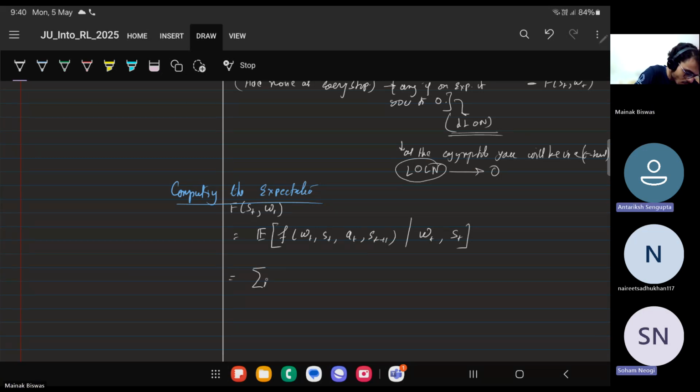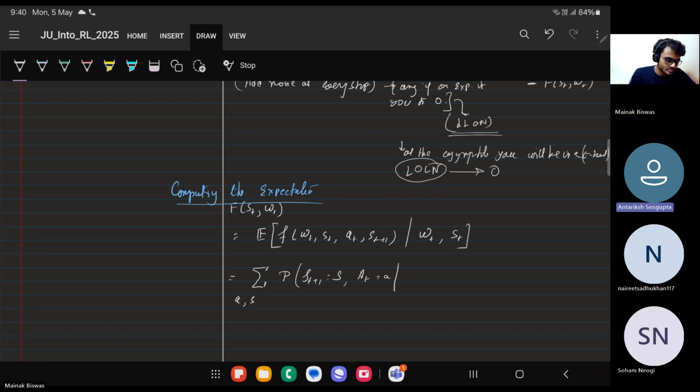By LOTUS, we can get a summation over A_t and S_{t+1}, over the sum of S and A, where S_{t+1} is equal to s and A_t is equal to a. It's a double summation.